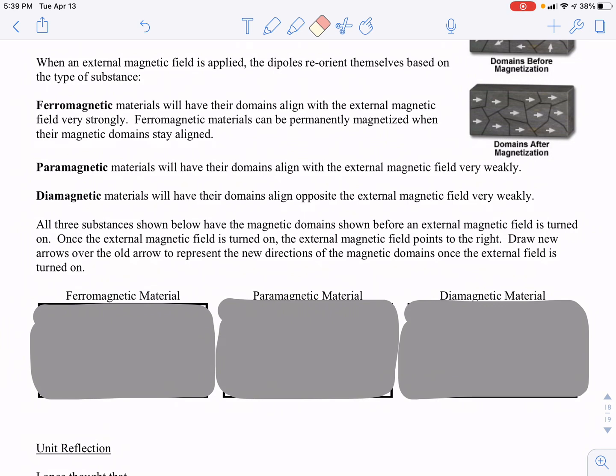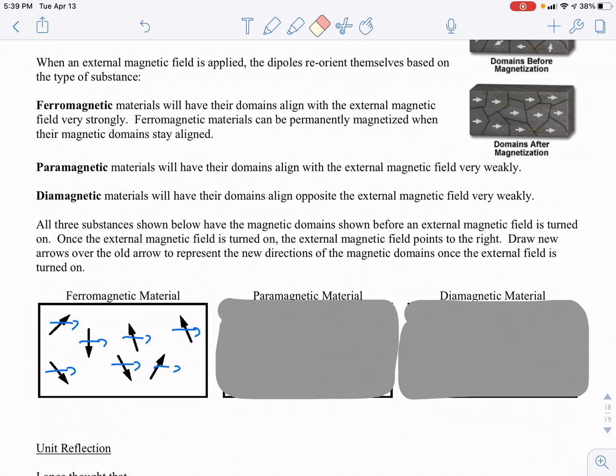A ferromagnetic material, like a piece of metal, in the presence of a strong external magnetic field, would all point to the right, because remember, the external magnetic field, we were told, points to the right. So each one of these arrows that's pointing randomly would all instantly direct themselves to the right.